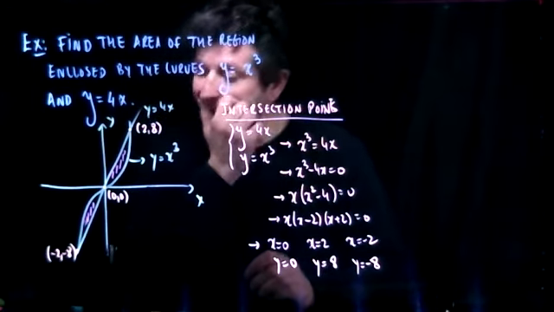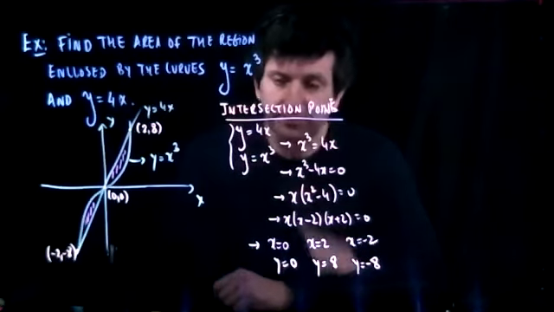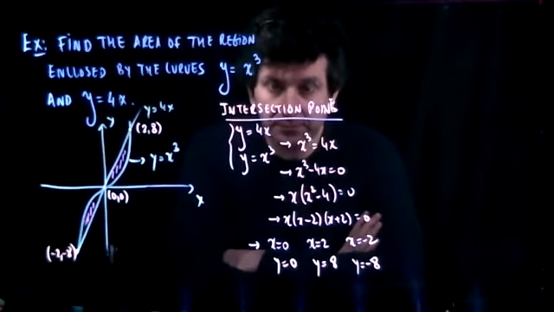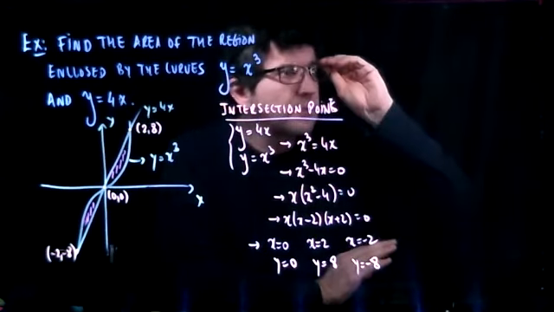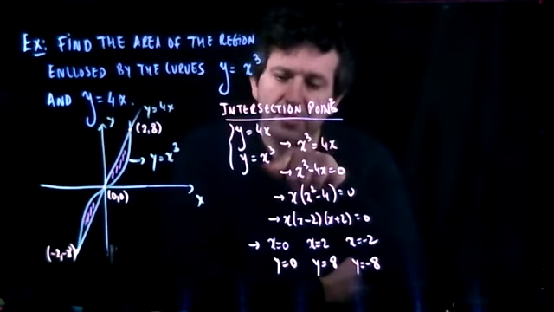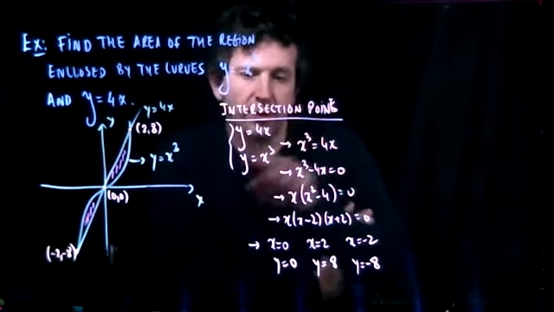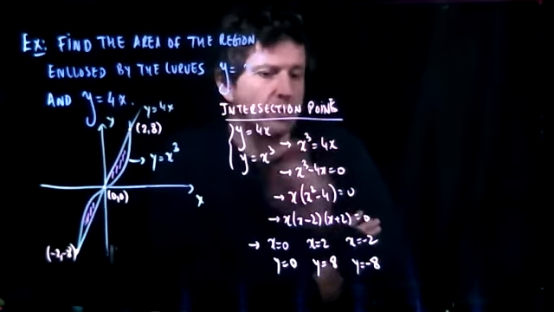Sir, how do you find the intersection points? I solved the system of equations here. What did you do for the system, which way did you do it? I compared. I did x cubed equals 4x. Right? The y's are equal, so x cubed and 4x have to be equal as well.